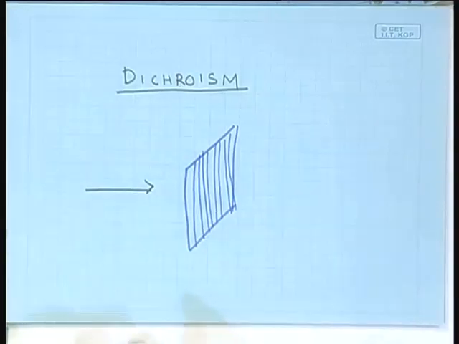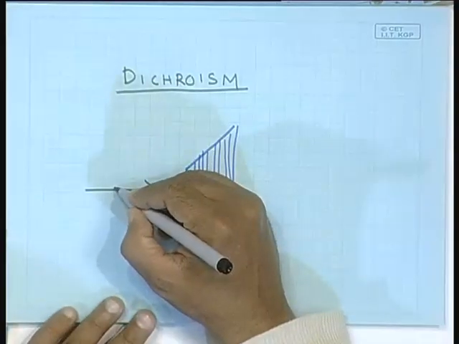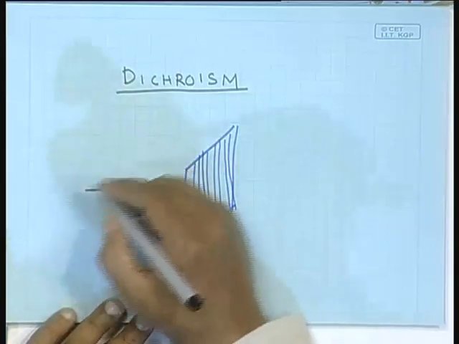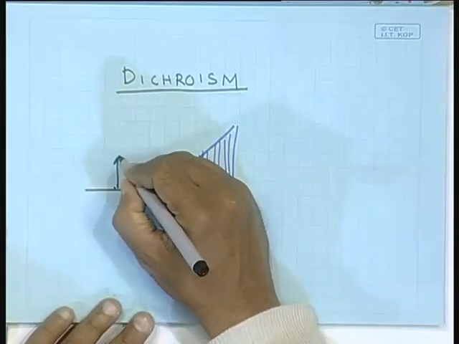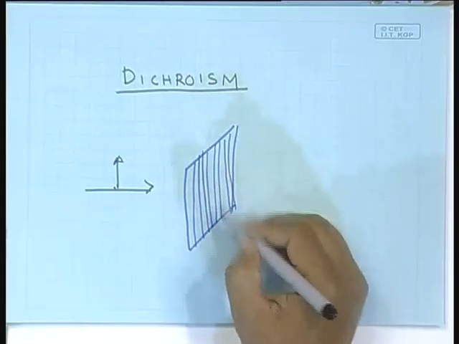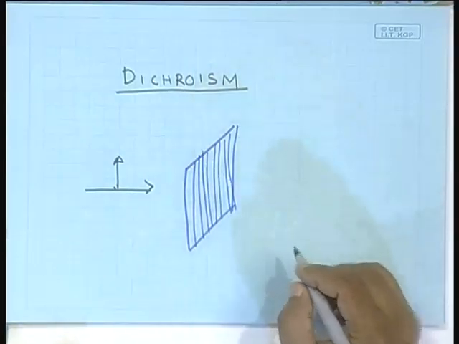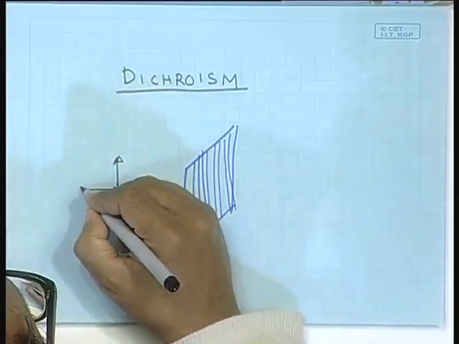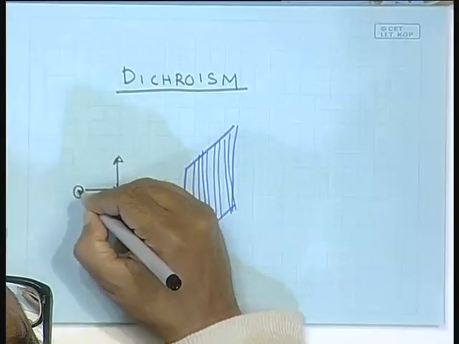The incident radiation can be polarized. The electric field of the incident radiation can be broken up into two components, one which is parallel to these metallic conducting wires, and a component which is perpendicular to these conducting wires.